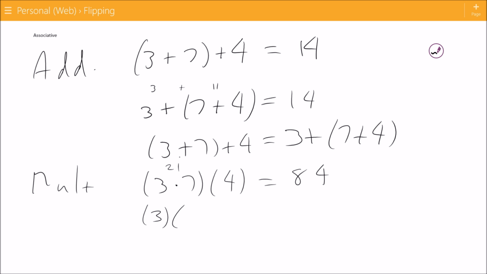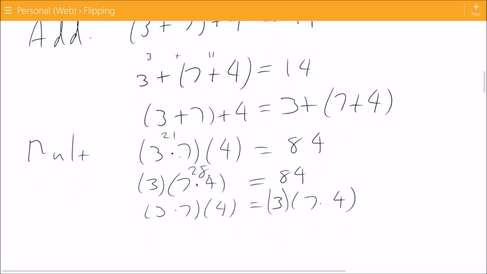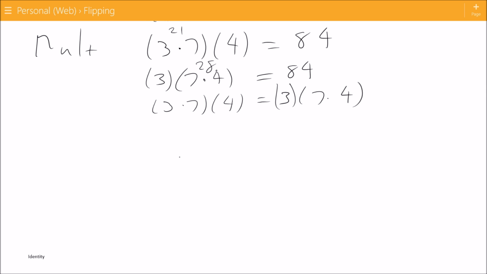Compare that to 3 times the quantity 7 times 4. 7 times 4 is 28, and if you do 3 times 28, well, again, you've got 84. So the quantity 3 times 7 times 4 is equal to 3 times the quantity 7 times 4. The parentheses are not really making a difference there. We're just doing multiplication. So we're still following order of operations there.